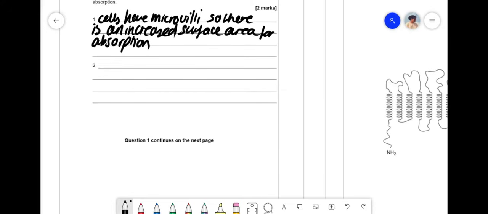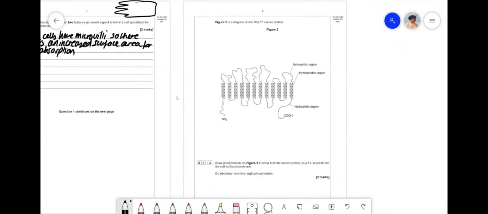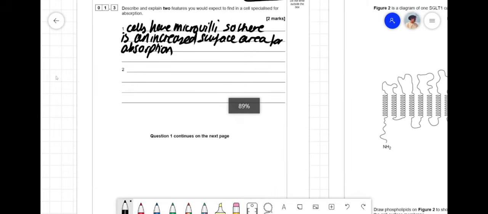Next, another point, so you can think about other things that they might have. So this question here, sometimes you might forget, but you can use pointers from the question. You know that this is involving ATP and energy and active transport. So it's likely that there's going to be a lot of ATP involved. What makes ATP? Mitochondria. So cells that have a lot of active transport going on or a lot of energy requirements are probably going to have a lot of mitochondria in them so they can provide energy. It would be daft of them not to.